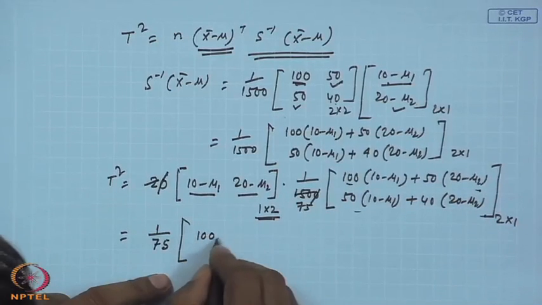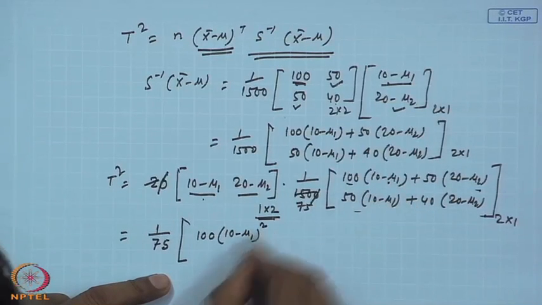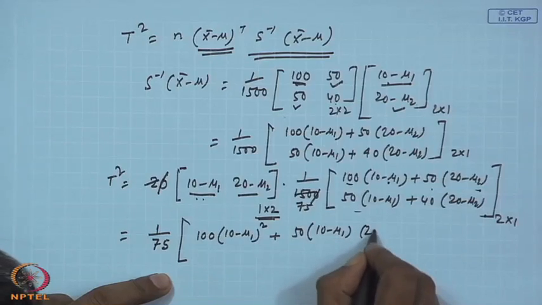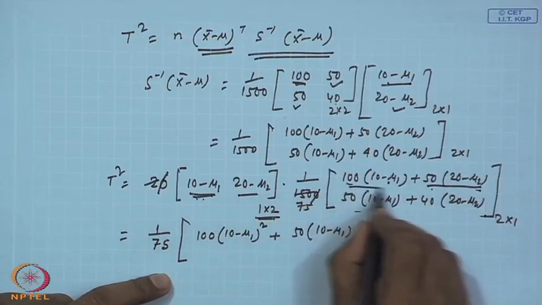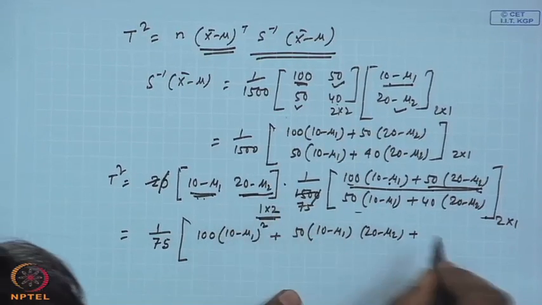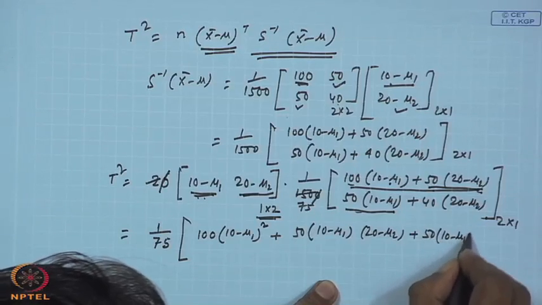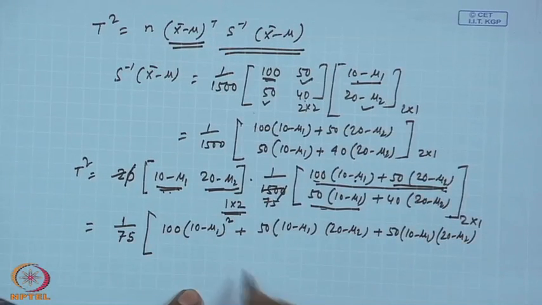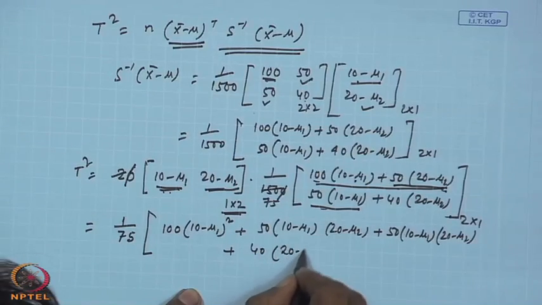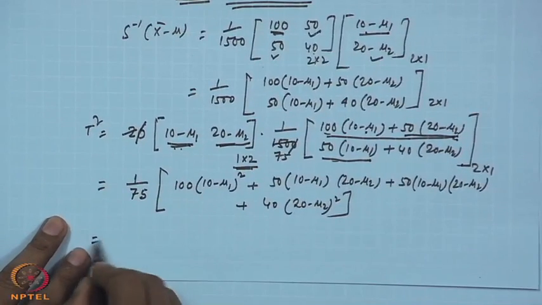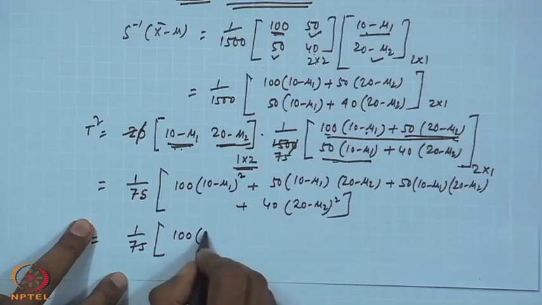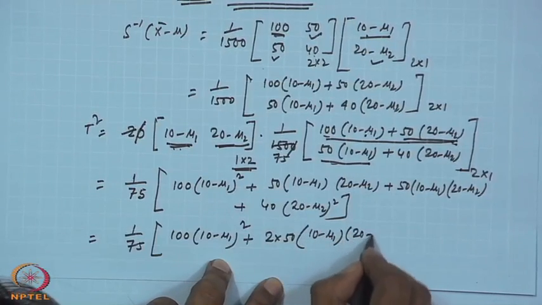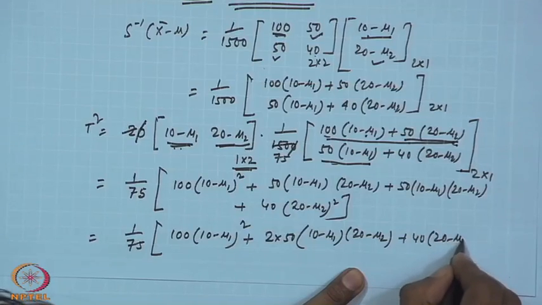So, your resultant quantity will be 100 into 10 minus mu 1 squared, plus 50 into 10 minus mu 1 into 20 minus mu 2, then plus 20 minus mu 2 into 50 into 10 minus mu 1, plus 40 into 20 minus mu 2 squared. So, the total will be 1 by 75 times 100 into 10 minus mu 1 squared plus 2 into 50 into 10 minus mu 1 into 20 minus mu 2 plus 40 into 20 minus mu 2 squared.